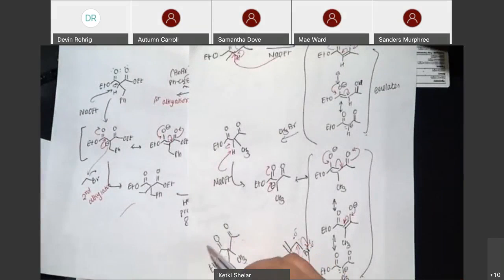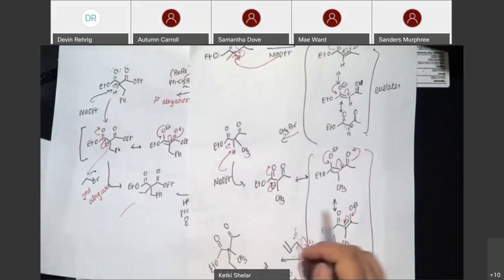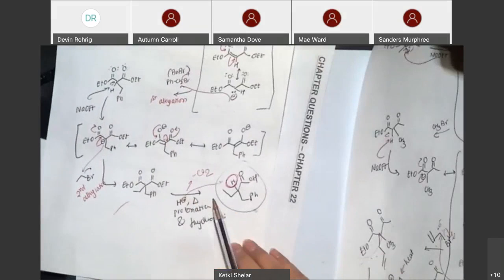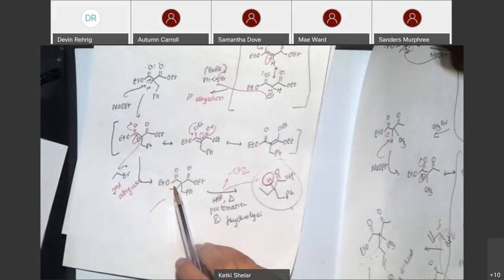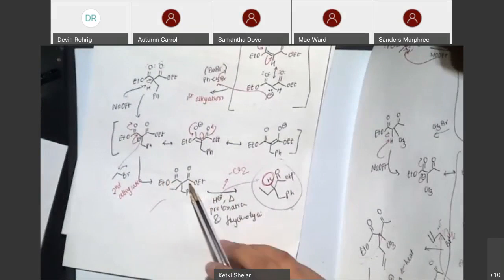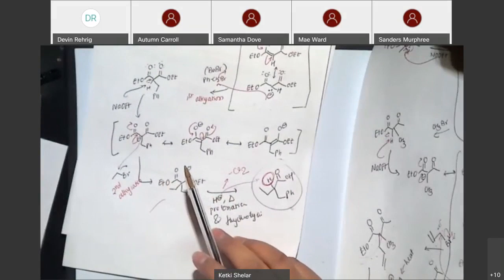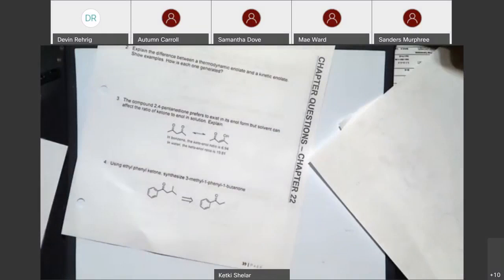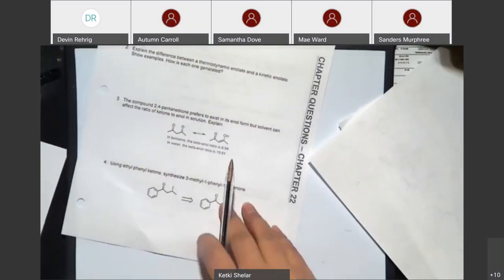It only formed COOH here. And if there are two esters, remember that one ester will go off because there are two geminal COOH, so one will go off and only one will be present. That's a simple thing.